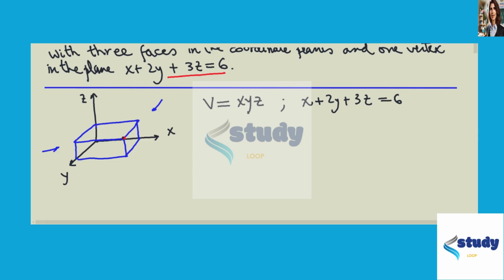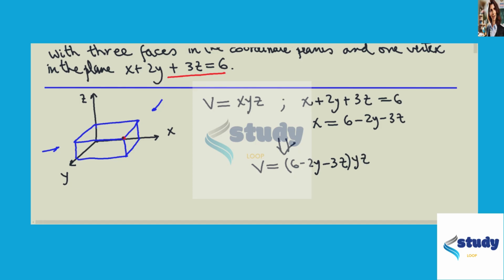So from here, we know that x, for example, has to be equal to 6 minus 2y minus 3z. And so the volume of the box will be given by x, that is 6 minus 2y minus 3z, times y times z.